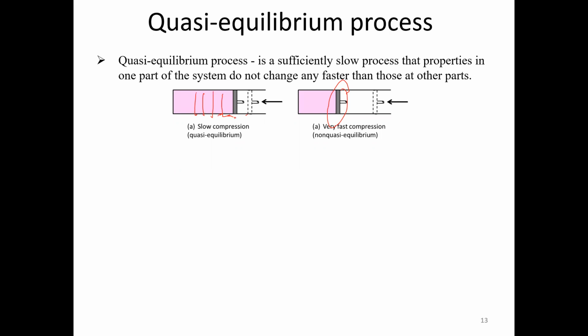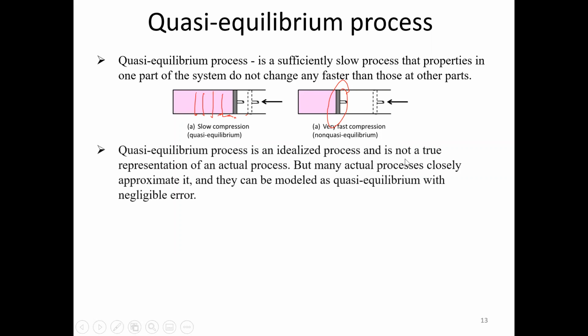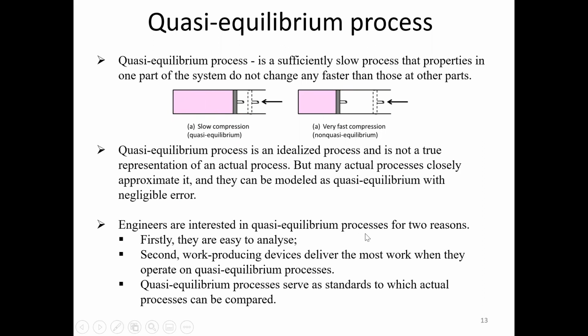So there will be no, let's say, friction losses, for example, or sudden change in fluid properties during the process. And because of this, it will be an ideal process. And we call this the quasi-equilibrium process. As we said, it is used in some engineering design, but there is a question why, as engineers, we are interested in a quasi-equilibrium process, for many reasons.